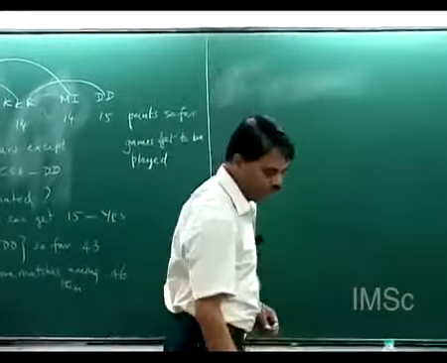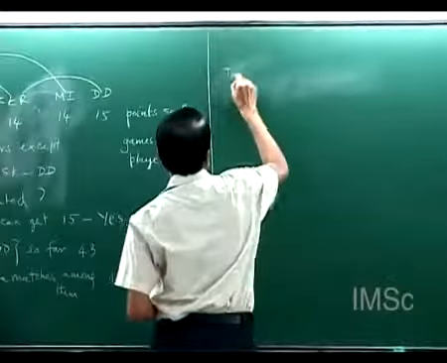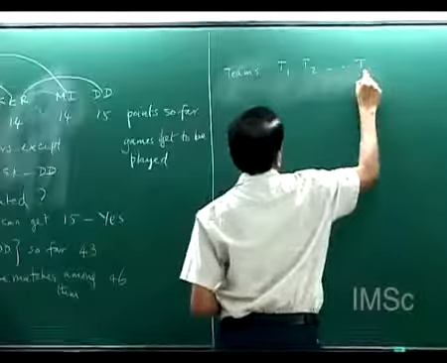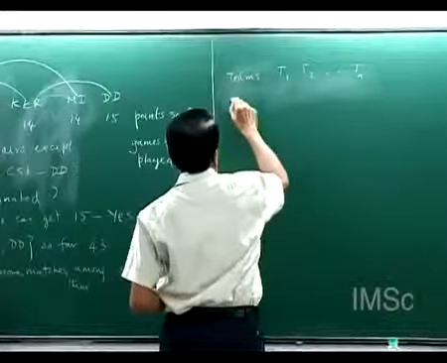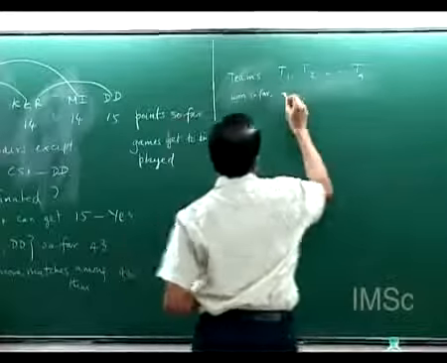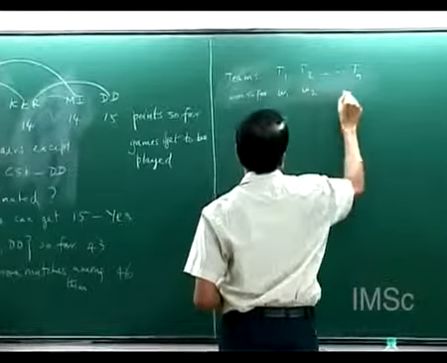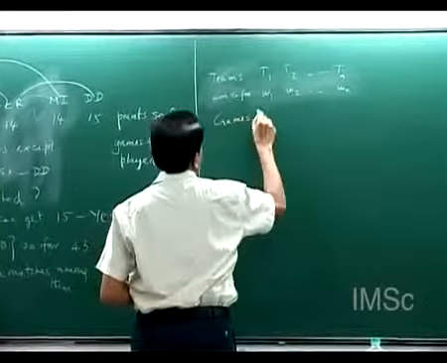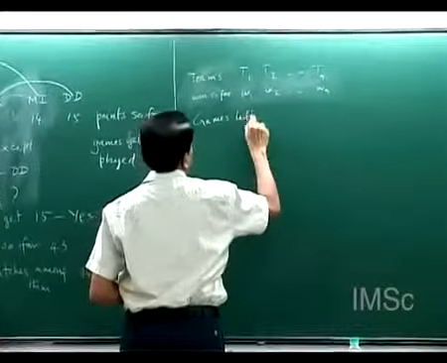We have some teams, let us say T1, T2, up to Tn, and the points they have got so far, let us call them W1, W2, up to Wn, and then there are some games left.